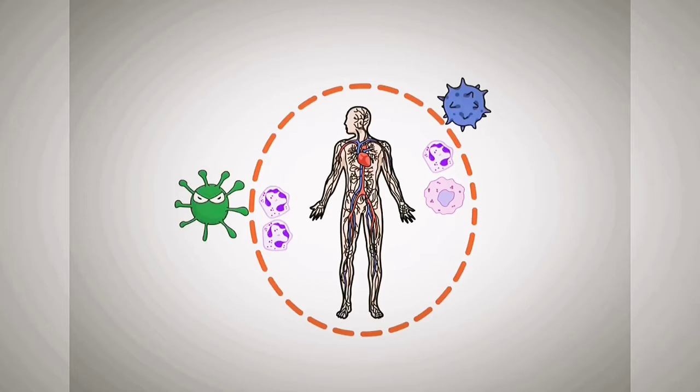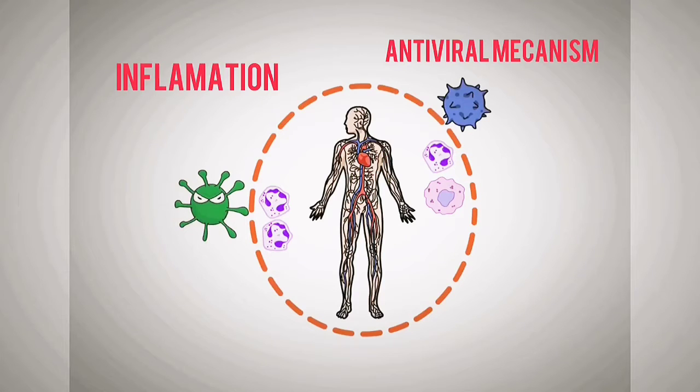Early innate immune response to microbes is divided into two types. They are inflammation and antiviral mechanisms. If inflammation happens, innate immunity works by accumulating and activating leukocytes, plasma proteins, and other components in infected tissues.